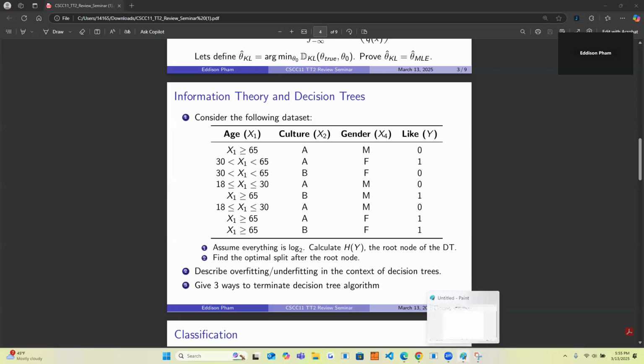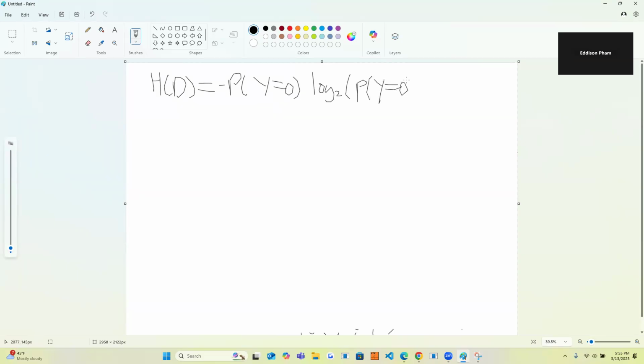All right. So for the first one, we have to calculate the entropy in the root node. So H of D is equal to 1, but I'll show you how you get it. So we write out the entropy formula, log base 2 by the way, and then we also have P of y equals 1, log base 2 P of y equals 1.